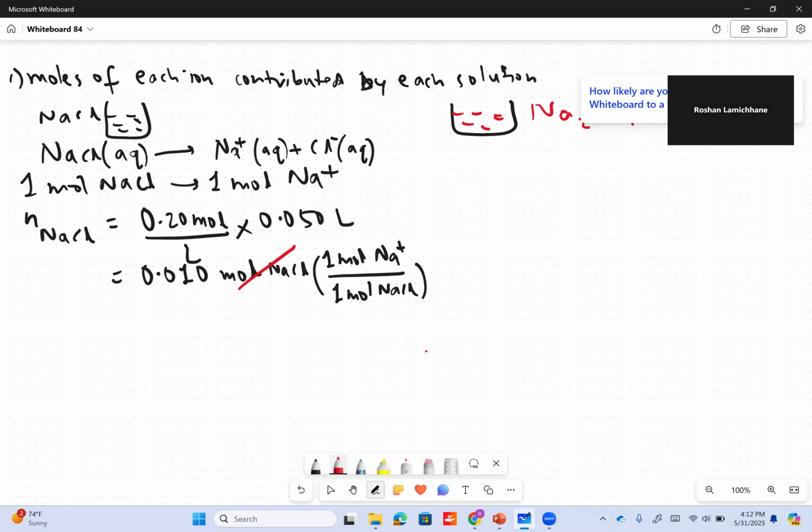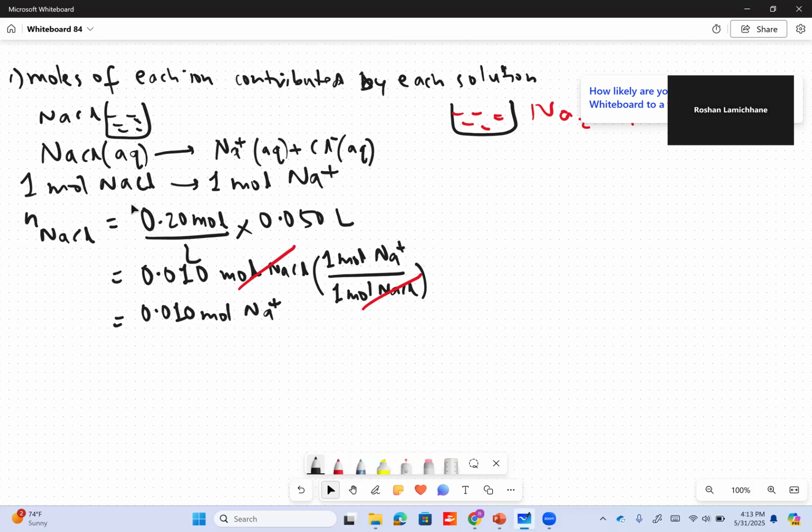Do it this way, the mole of NaCl cancels out with mole of NaCl, and I'm left with moles of Na+, 0.010 mole Na+. Remember, my goal was to calculate the number of moles of each ion contributed by each solution. So I figured out my Na+.